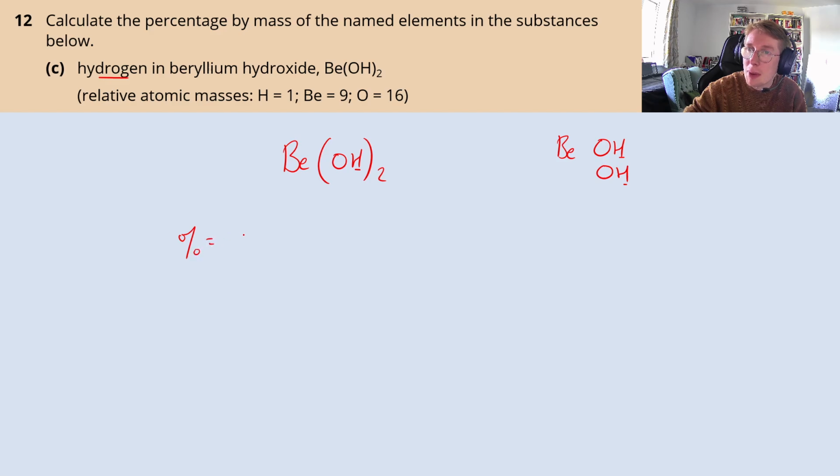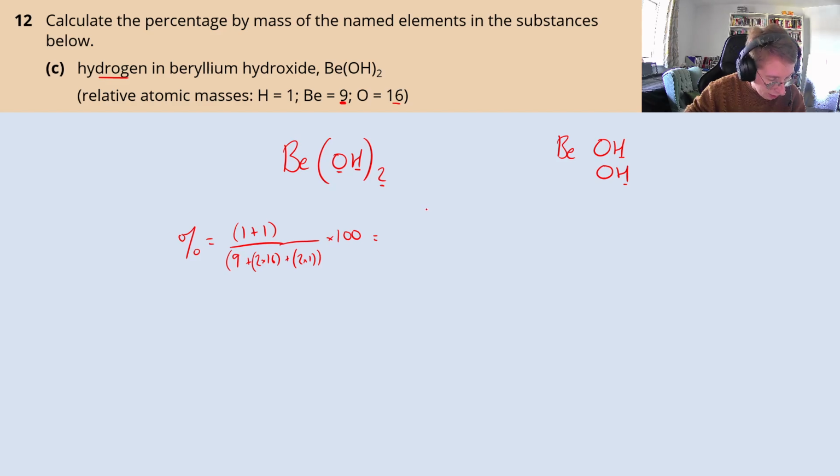So our percentage by mass is going to be equal to 1 plus 1 divided by the total relative mass of beryllium hydroxide. So beryllium has a relative atomic mass of 9. There's only 1 atom of beryllium. Then we've got 2 lots of 16 because we've got 2 oxygen atoms. And then we've got our 2 hydrogens as well. We've got to times it by 100 because it's a percentage.